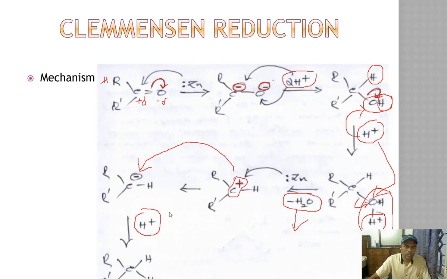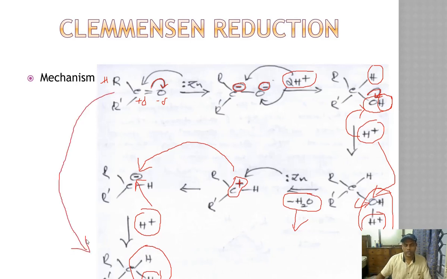Because of the acidic HCl, that is going to attack on this carbon, because it is negatively charged, and it's going to form the hydrogen bond over there. So we got the second hydrogen over here. So we got the hydrocarbon, the keto group converted to hydrocarbon. So this is the reaction mechanism involved.